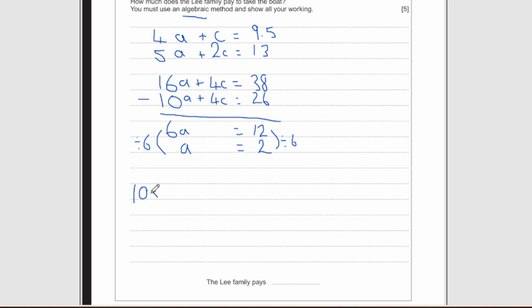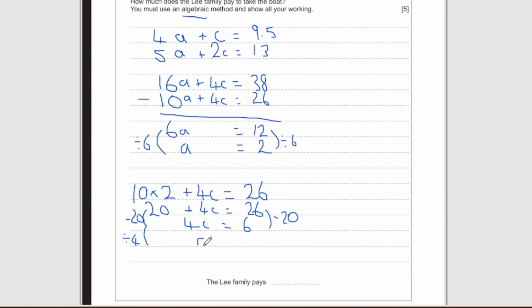So 10 times 2 plus 4C equals 26. 10 times 2 is 20. So 20 plus 4C equals 26. Let's take away 20. 4C equals 6. And then we divide by 4 to give us C equals 1.5. We've now got the values of A and C.